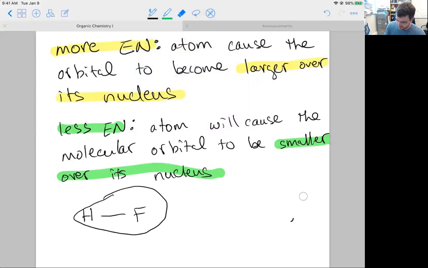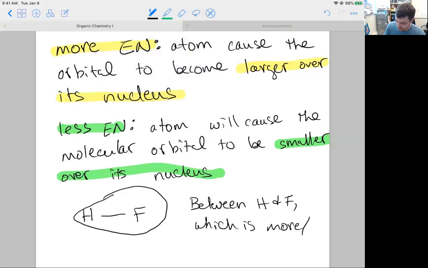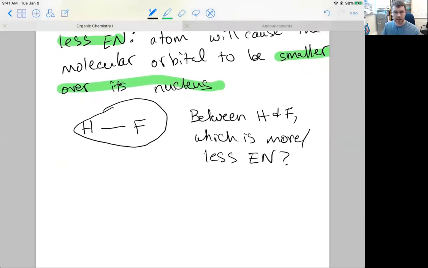We have these two atoms, H and F, which is more or less electronegative? I'll give you a second to think through that. I'll provide an answer in just a second. So here's me stalling so that you can pause.